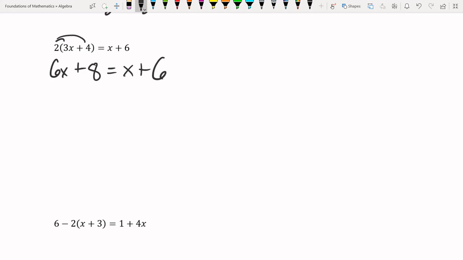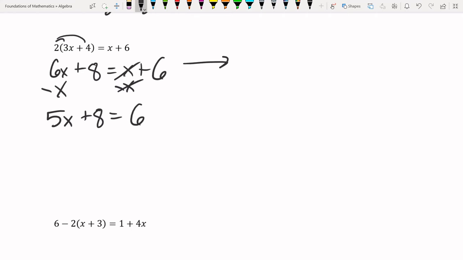So for me, I would never subtract 6x to this side. That's because x minus 6x gives you negative 5x, and I don't like having a negative with my variable. It doesn't matter, you'll get the same thing either way. That's just my personal preference. So I'm tending to do this. That way, I have 5x plus 8 equals 6.